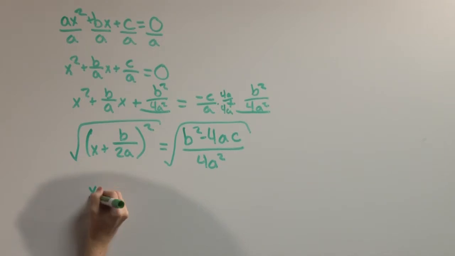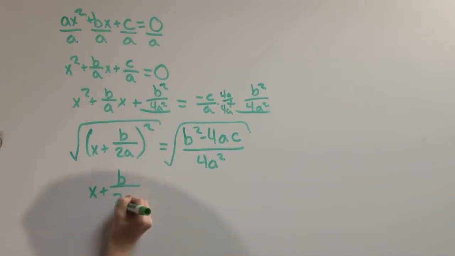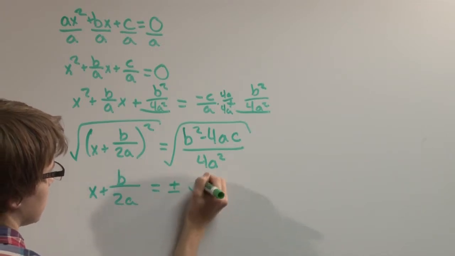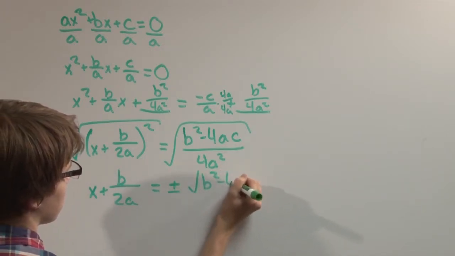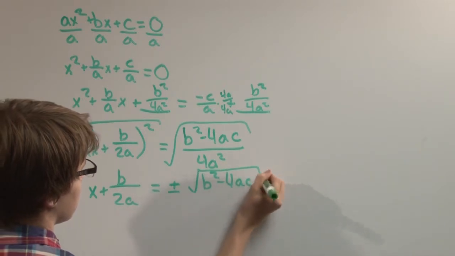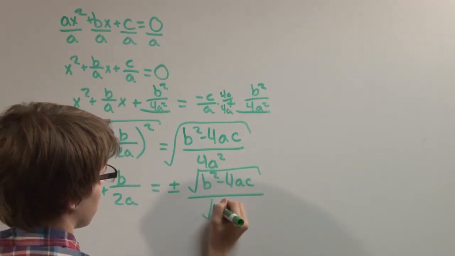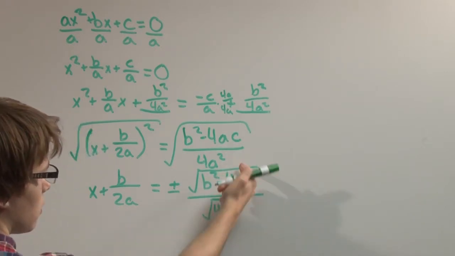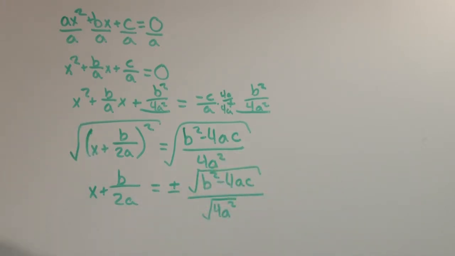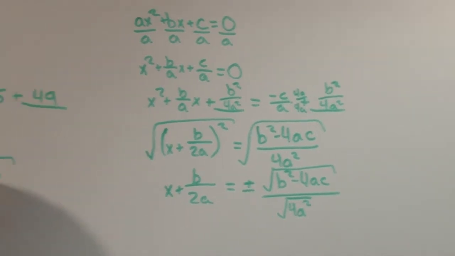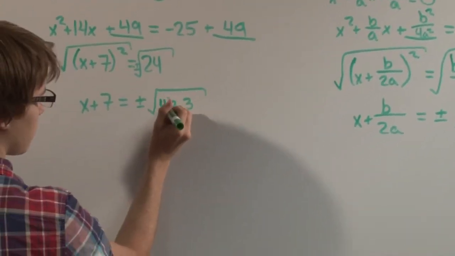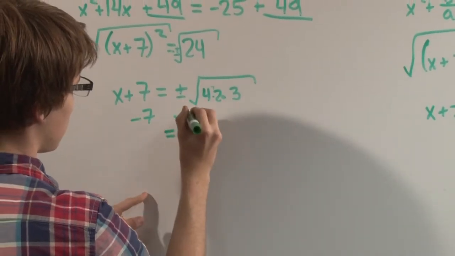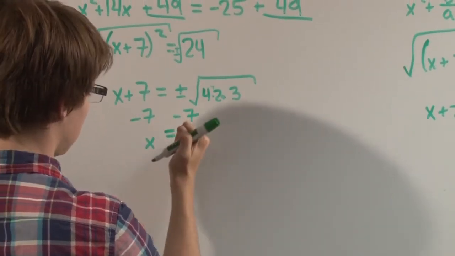So x plus b over 2a equals plus or minus the square root of b squared minus 4ac over the square root of 4a squared, which is just the same thing as everything underneath the square root. So the 4 is 2 squared, so we can bring a 2 out of this radical. But first, let's subtract 7 from both sides.